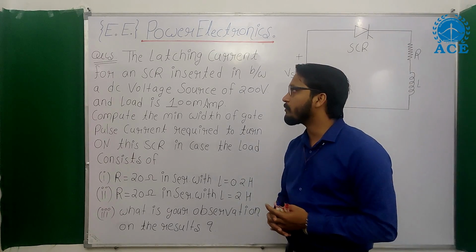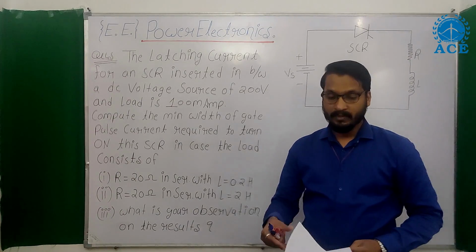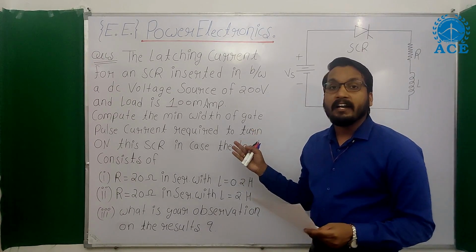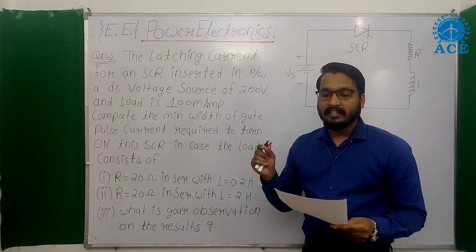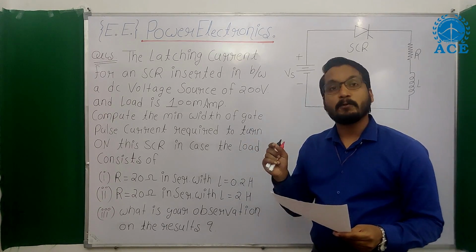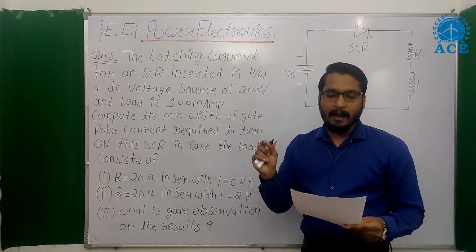So here is one question I want to discuss with you all. The latching current for an SCR inserted between a DC voltage source of 200 volt and a load is 100 milliampere.